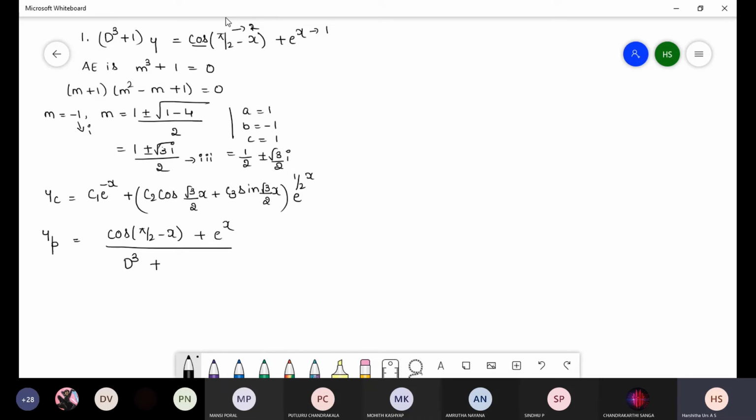For yp we have cos of pi by 2 minus x plus e power x. So what is the cos of pi by 2 minus x? What is the formula?